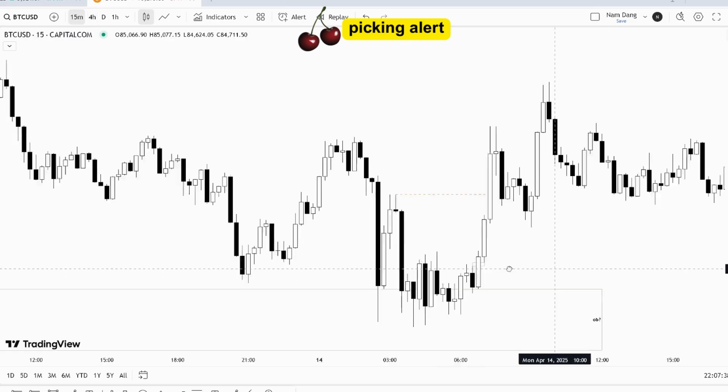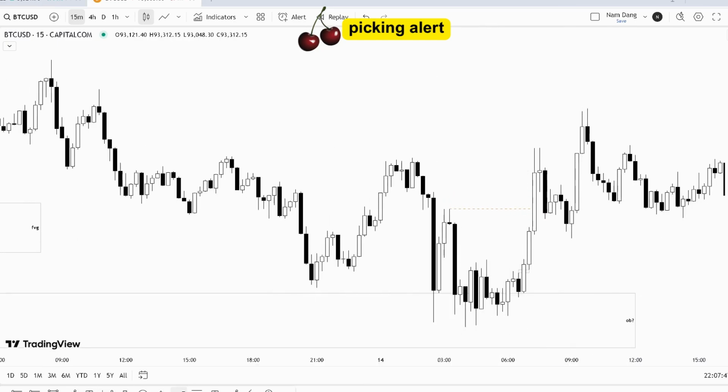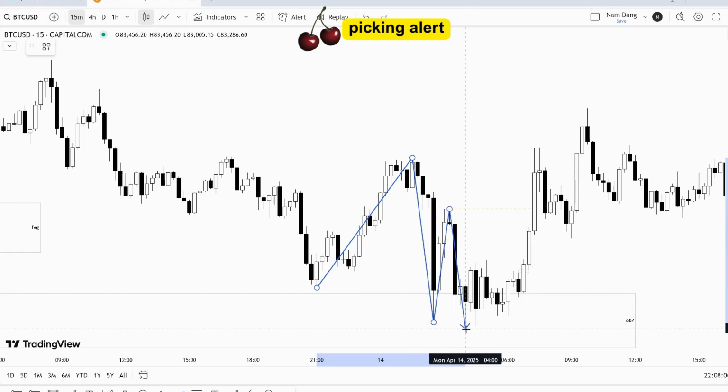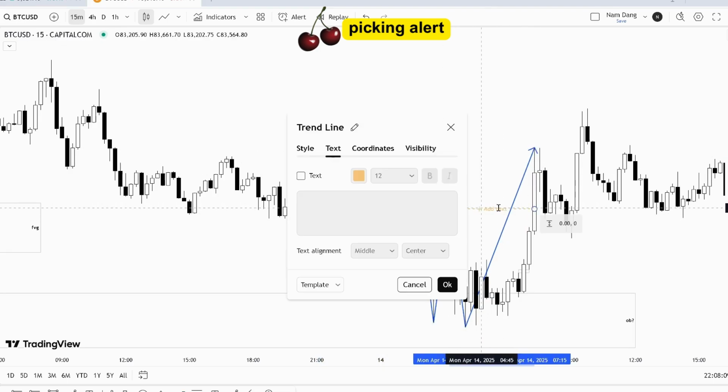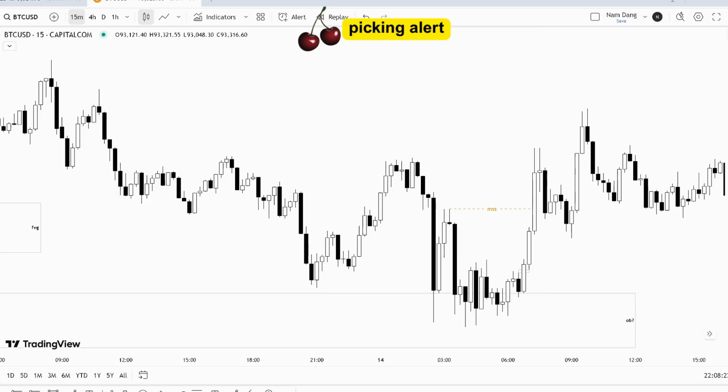Let's drop down to the M15 chart. Here we have a clear market structure shift, and multiple fair value gaps.